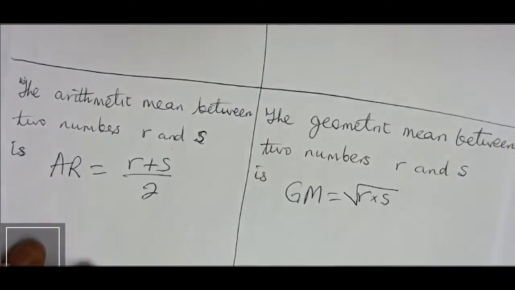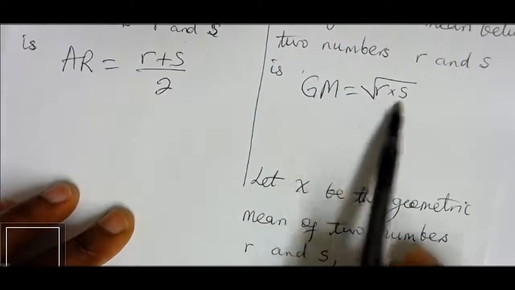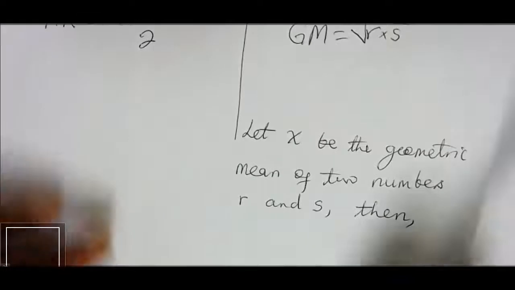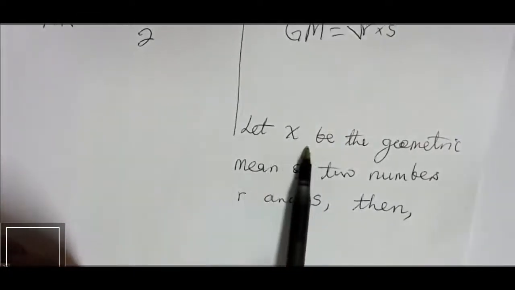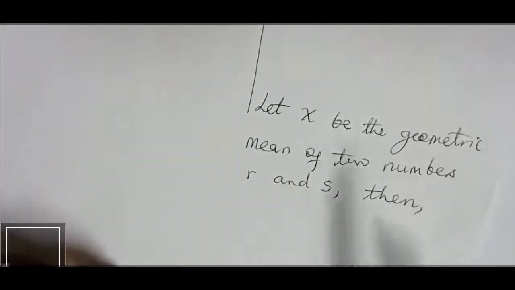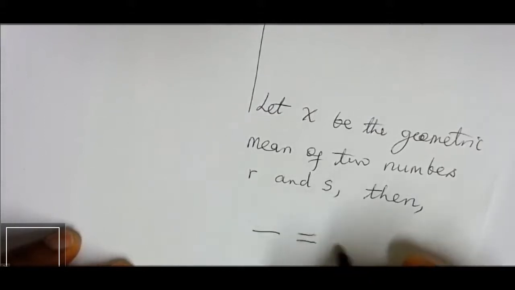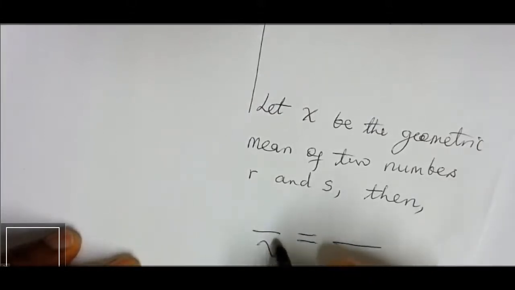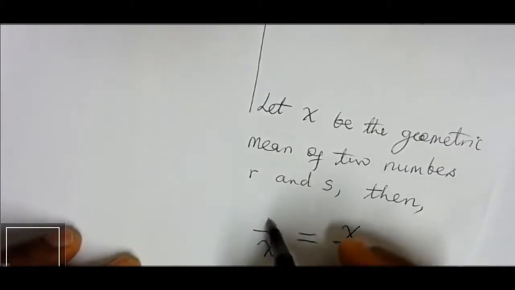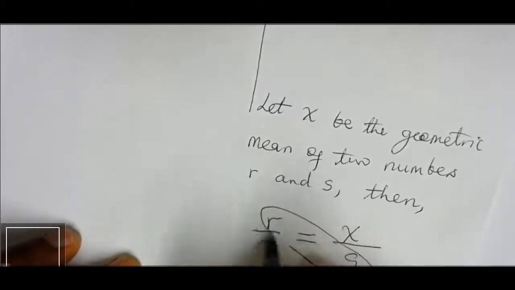Okay, if you notice, when you multiply 2 numbers, like when we cross multiply in a proportion, if we put it in proportional form, let x be the geometric mean of any 2 numbers, then we can express them in proportional form like that. The geometric mean x would be up and down here. The two numbers r and s are going to be across, because we are going to cross multiply them.